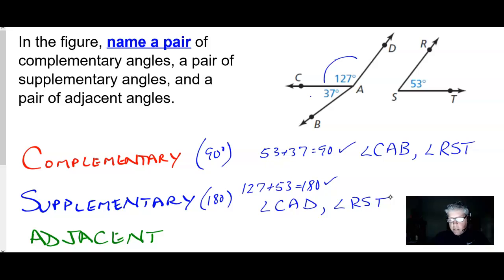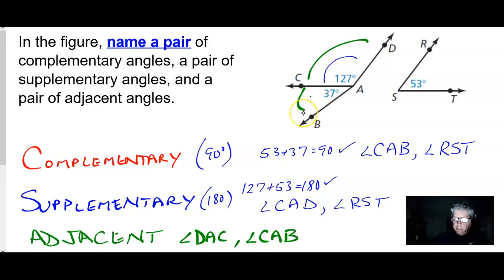Adjacent angles means that they share the same vertex and they share a side. So obviously, in this picture, we are looking at this and this. So that is angles DAC and CAB. DAC and CAB. Awesome.